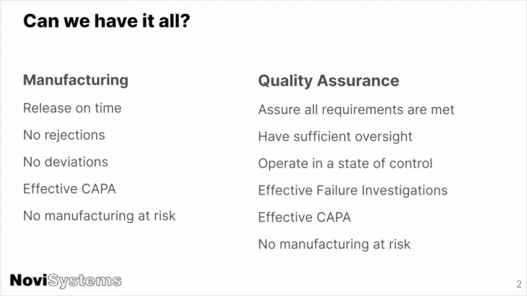What we don't want to do is have everything in a constant state of flux. From a manufacturing point of view, we want to consistently understand how long it takes to produce a product and to release a product.